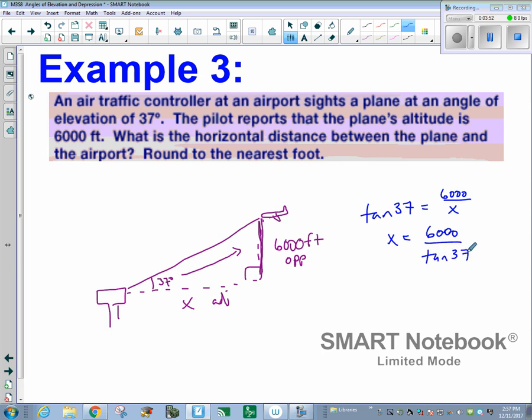If I calculate this, 6,000 divided by the tangent of 37 comes out to be 7,962 feet. It says round to the nearest foot, so the horizontal distance would be 7,962 feet. All right, and that's what we're looking for.